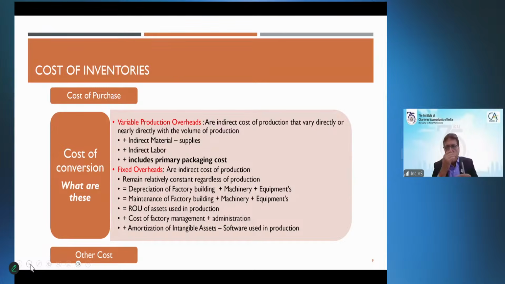So, friends, let me tell you, at the end of the year, when you are calculating the value of finished goods, you identify all the costs. What are the variable overheads that are there in total? What is your actual production and what is the inventory left out of it? The total variable overhead would be for all the items which you have produced and sold, and what is left over.